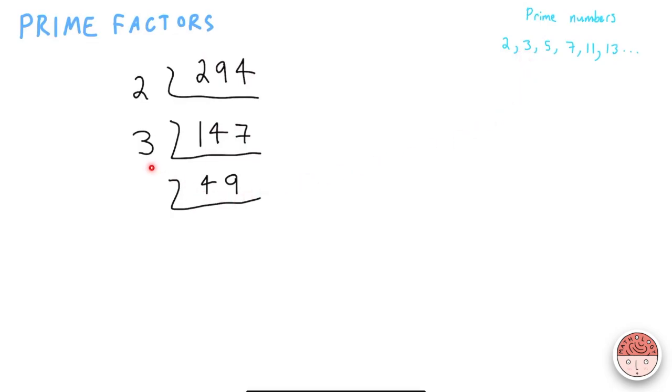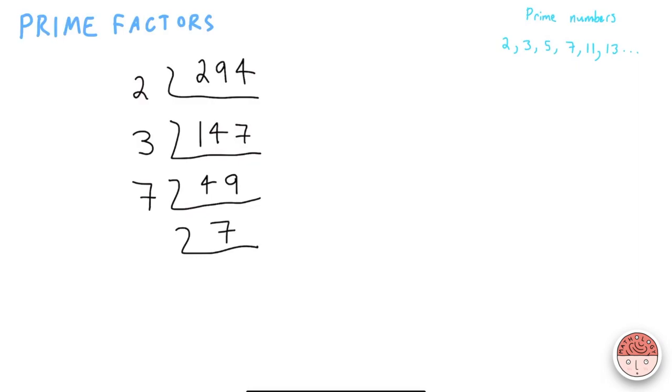And 3 can't be divided into 49. So we move on to 5, which is the next prime number. 5 also can't be divided into 49, so we move on to the next prime number, which is 7. 7 can be divided into 49, resulting in 7.